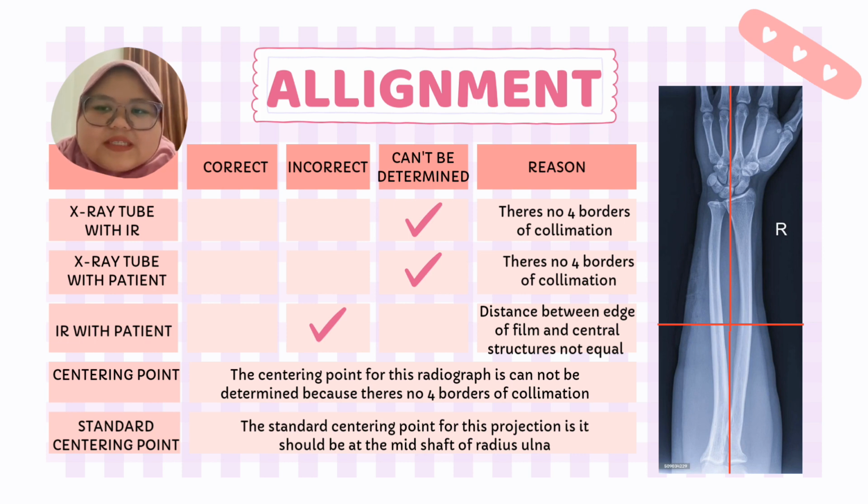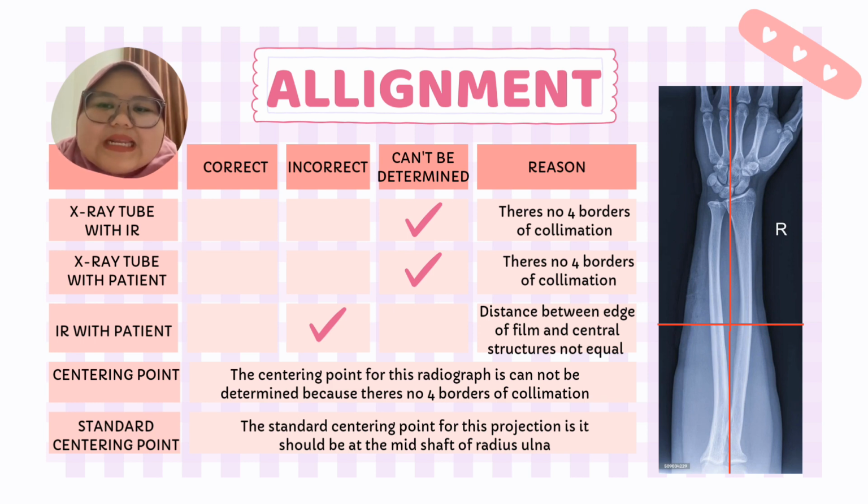Thirdly, image receptor, which is edge of film and patient central structure, are incorrect because the distance between edge of film and central structure are not equal. Next, for the centering point, the centering point for this radiograph cannot be determined because there is no 4 borders of collimation.